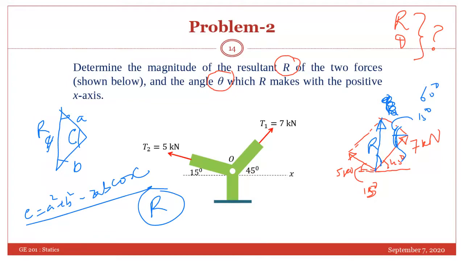The 45 angle, I understand why you put it there, but the 15, why? You see, the parallel sides: whenever these lines are parallel, that means if this angle is suppose 20 degree, then all of them, if they are parallel, will make the same angle.